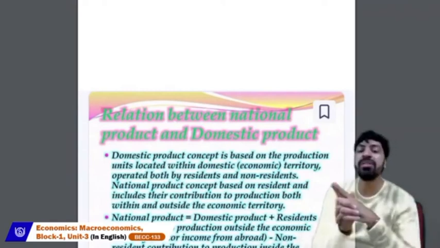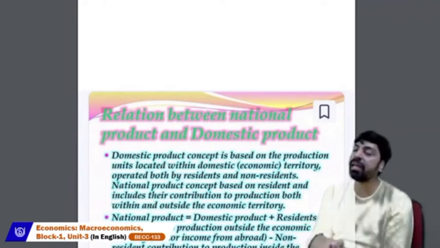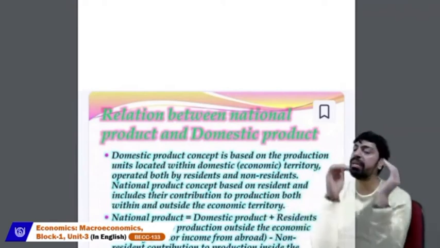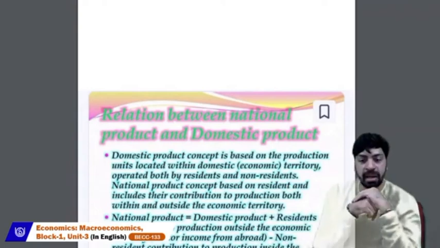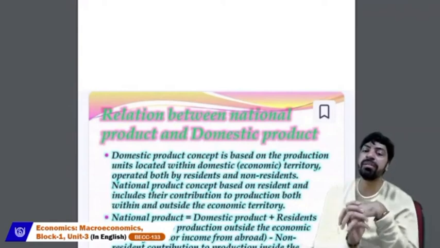National product includes residents' earnings within the country and outside the country. Everything will be included in the national product, and that's why there is a formula mentioned on the screen.